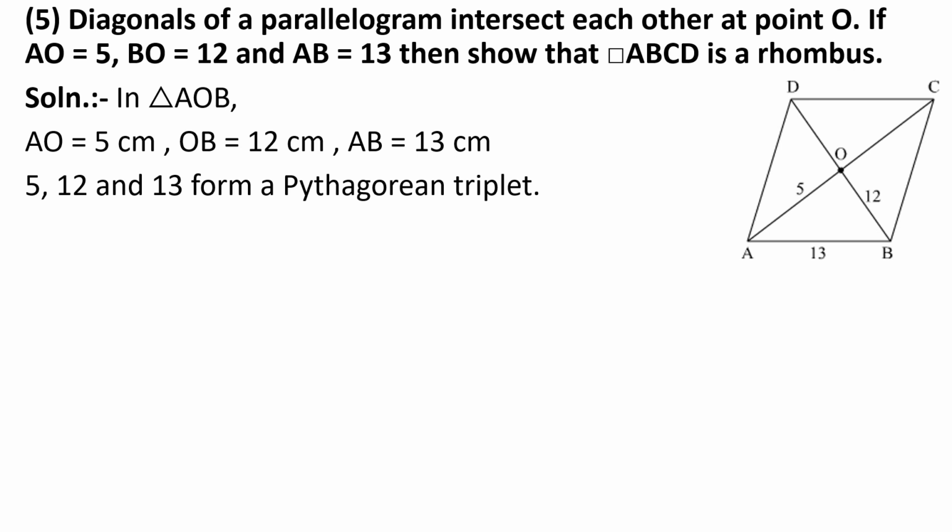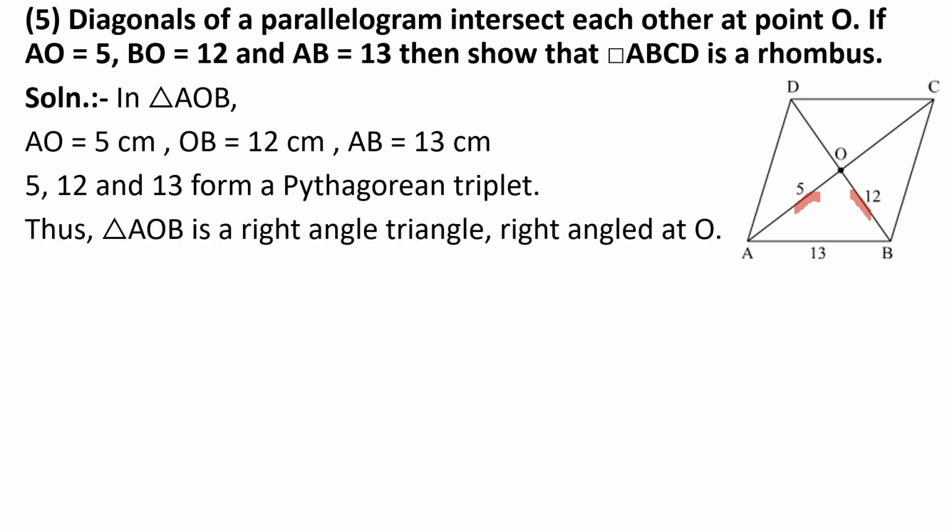If we square 13, that is 169, then the squares of the remaining two sides, 5 and 12, are 144 plus 25, that is 169. So 13, 12 and 5 form a Pythagorean triplet. So triangle AOB is a right angled triangle.